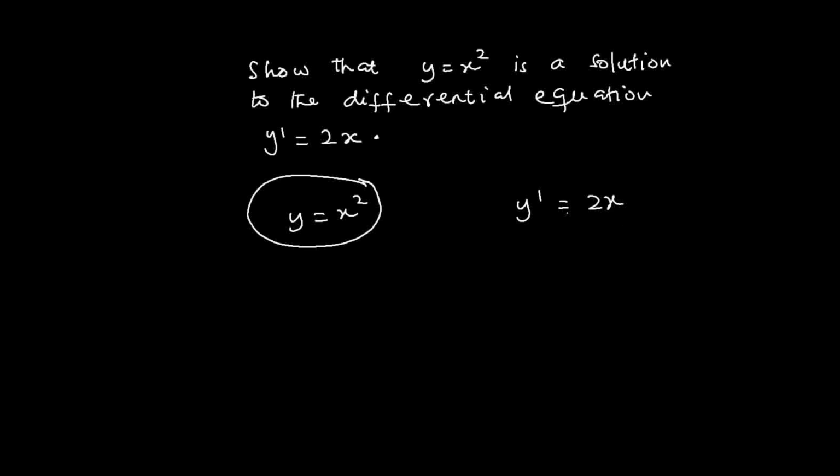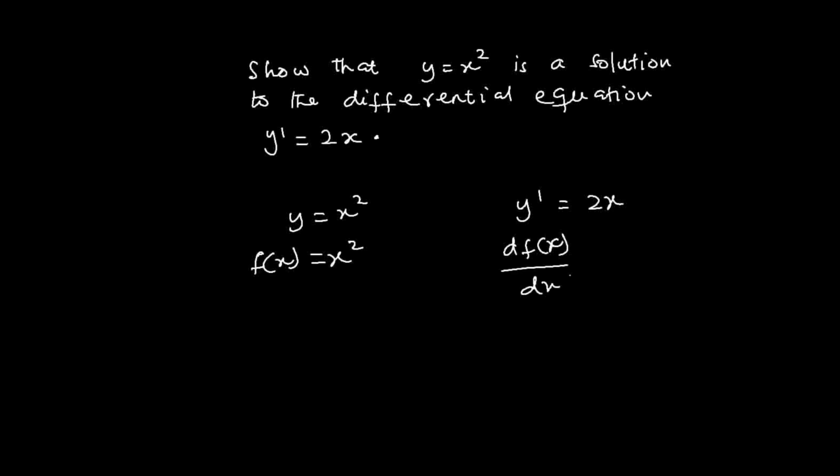Another way to rewrite this clearly for us to understand is that I'm going to write y as a function of x, so that f of x equals x squared. Therefore this will become df of x over dx, the derivative of f of x with respect to x, equals 2x.